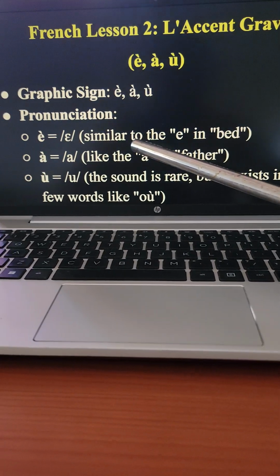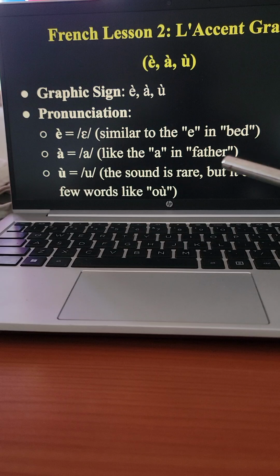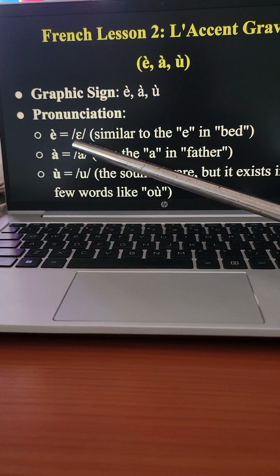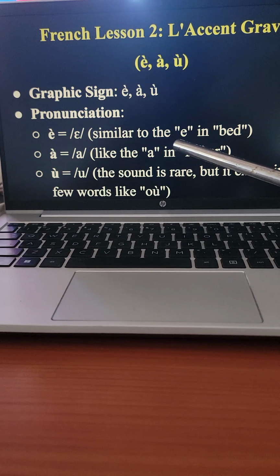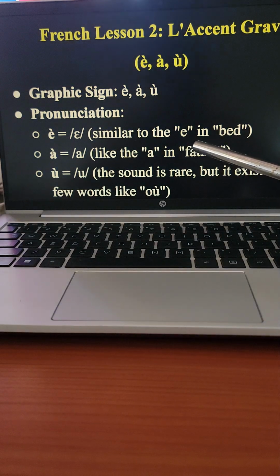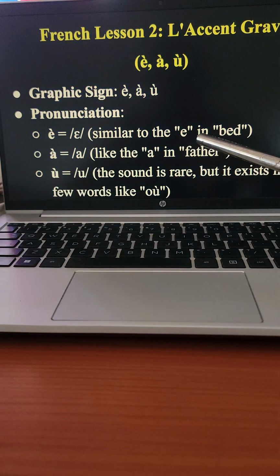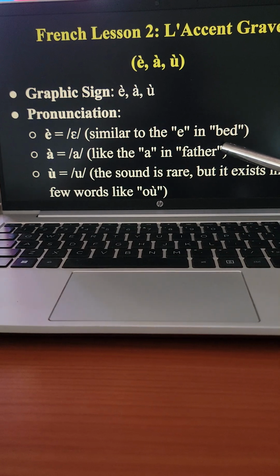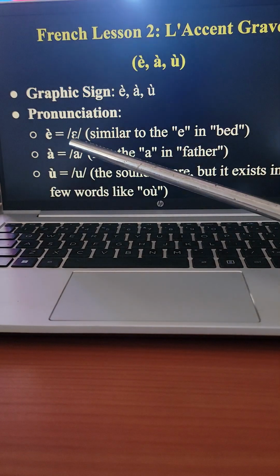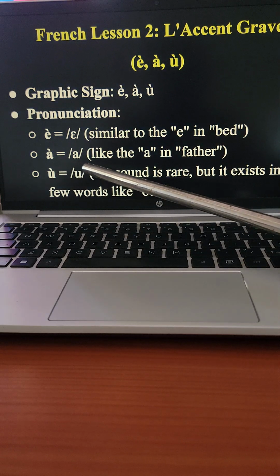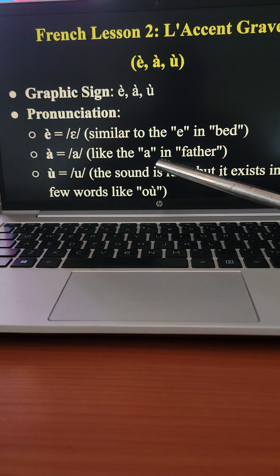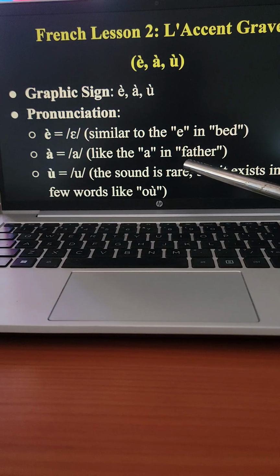Pronunciation there. Let me bring that closer. You see, this one now is an open one, similar to the E in bed, somehow wide open. The A is like the A in father.